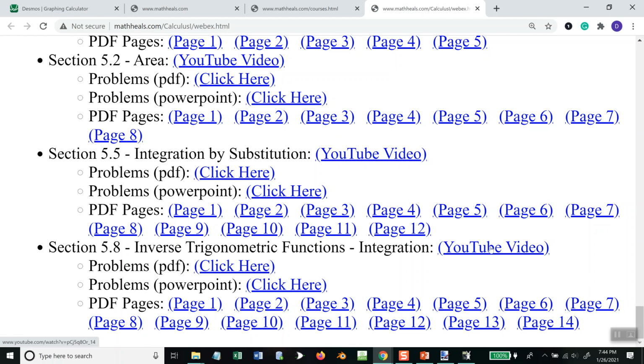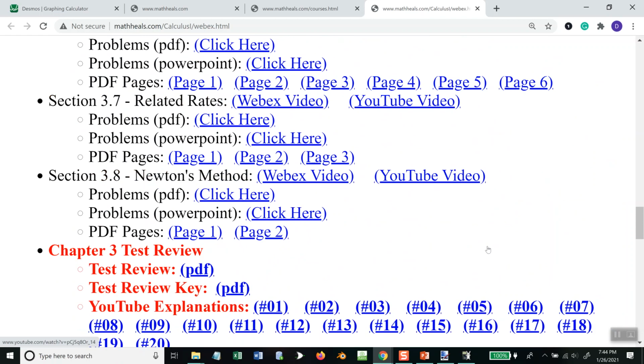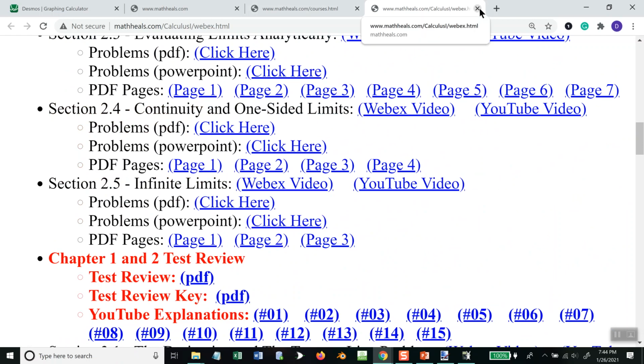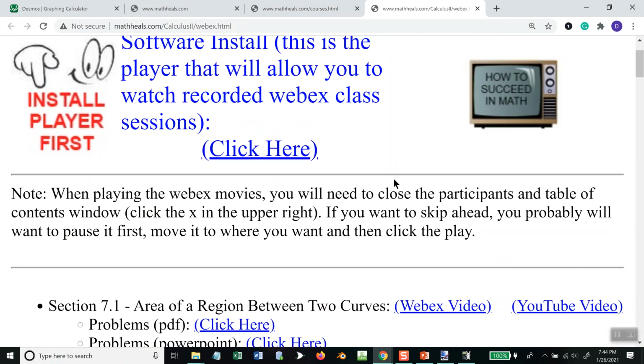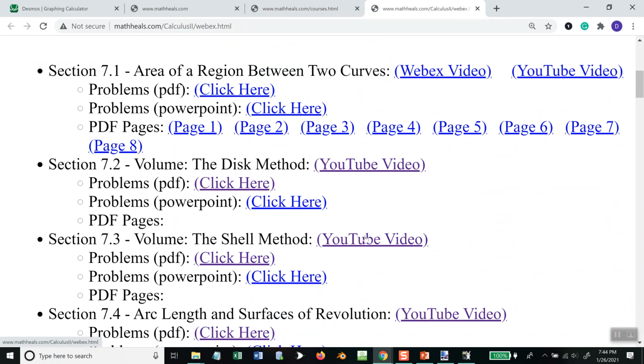Watch a YouTube video, don't watch WebEx. The one that's not out there is Calc 2. It says coming soon. It's been saying coming soon for 16 years, so I'm guessing it's not coming soon. I think there's links here, but they point back to that same page.